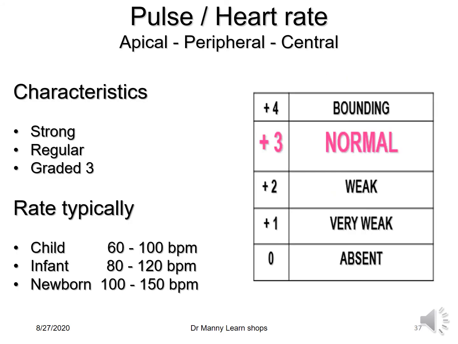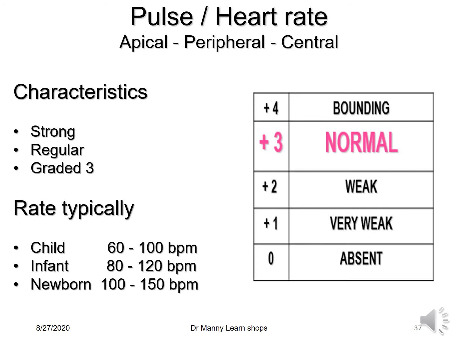When we look at pulse rate or heart rate, we have essentially three types. Apical, which is taken typically in the fifth intercostal space in the midclavicular line, which we'll be looking at later when we do cardiac auscultation and assessment. Peripheral or central. Now the characteristics typically of a pulse are that it is strong, not too strong.